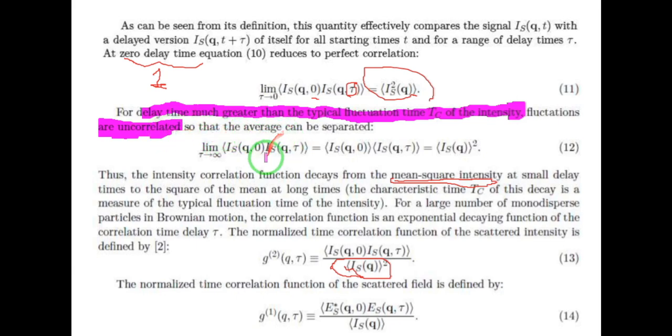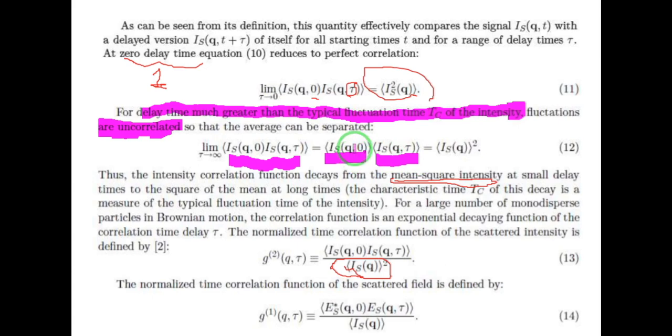So when you want to calculate the average of two functions which are uncorrelated, okay, we have the multiplication here, you can calculate the average of each one and then multiply them together. We made the two assumptions.